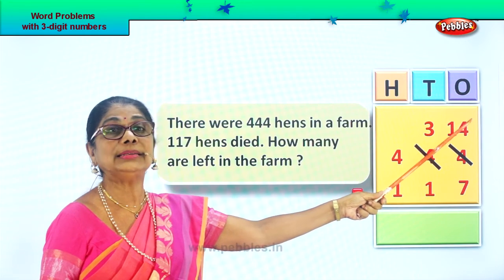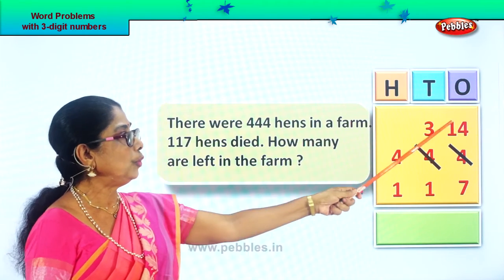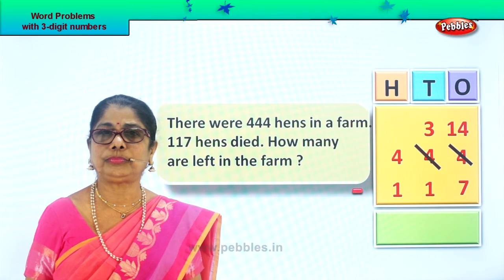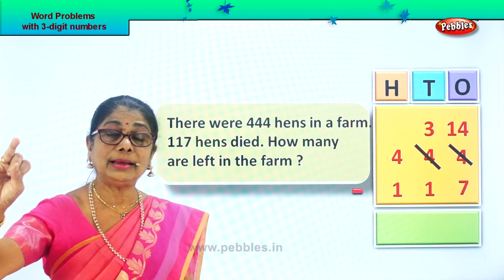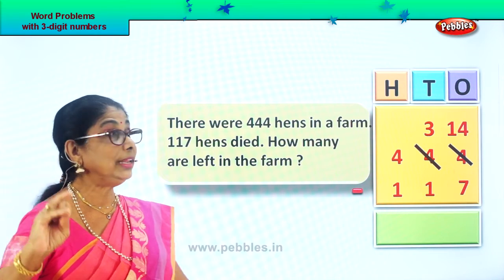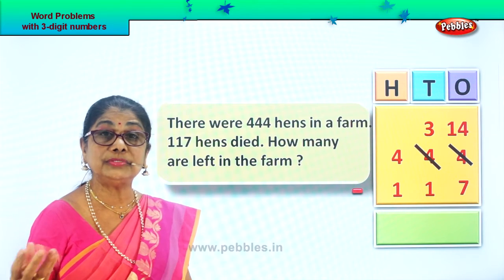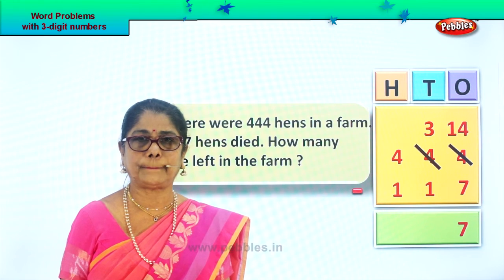From 14, we are going to take away 7. After 7: 8, 9, 10, 11, 12, 13, 14. 14 take away 7 gives you 7. So we write 7 in the ones place.